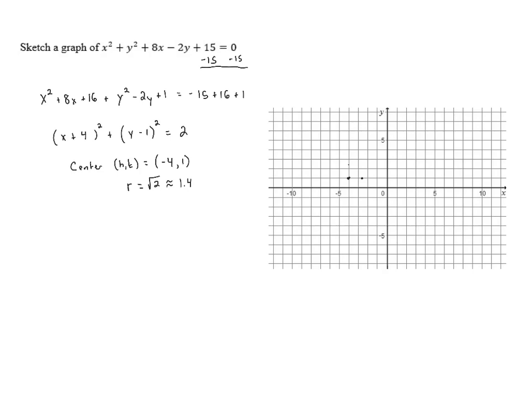We'll have one above, we'll have one to the left, and we'll have one below. And then once we have those, we can draw a circle that connects those points. And we can label this x squared plus y squared plus 8x minus 2y plus 15 equals 0. And that is our final answer.